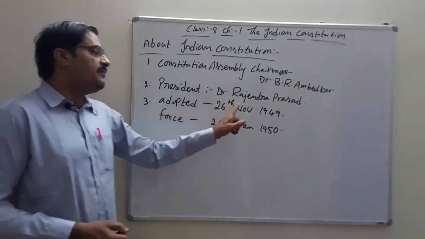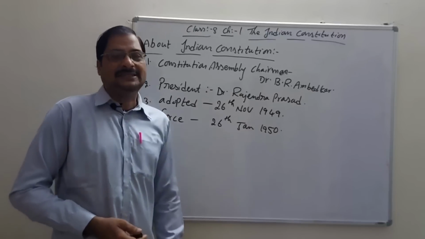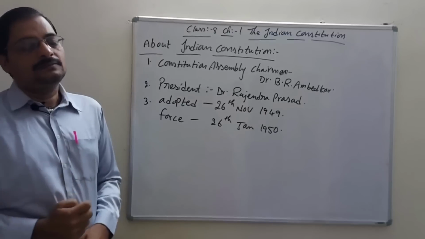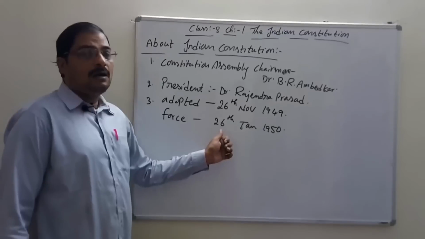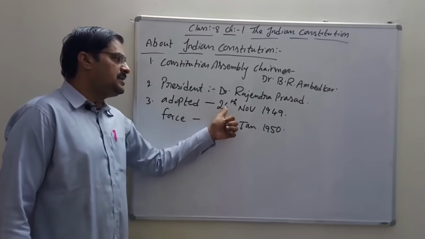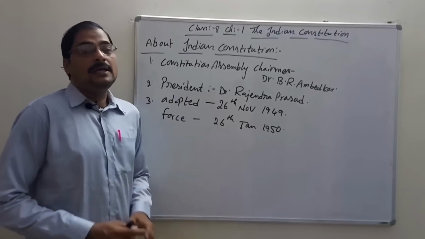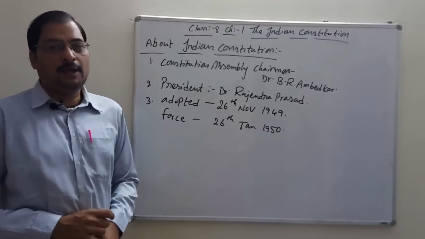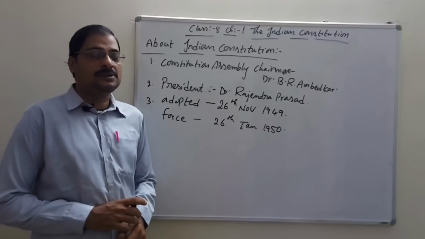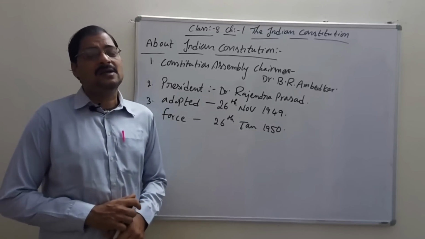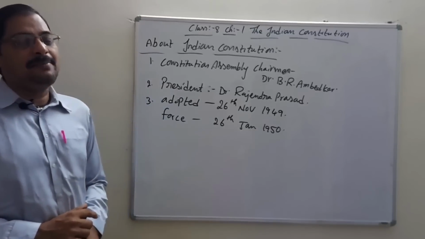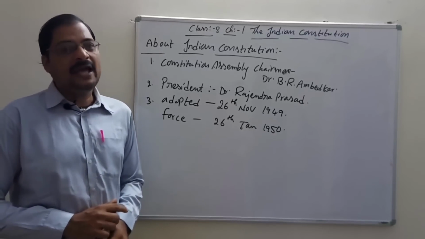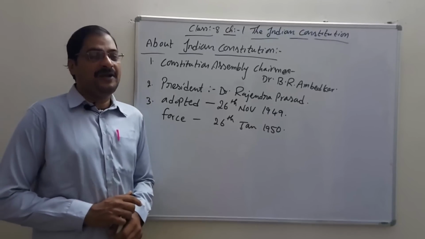Because on 26th November 1930, Gandhiji, Motilal Nehru, Jawaharlal Nehru, Subhash Chandra Bose and all the other Congress leaders secretly celebrated Independence Day. At night they hoisted the flag of India.